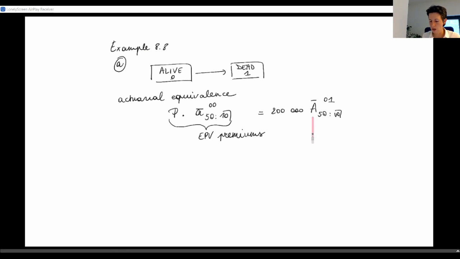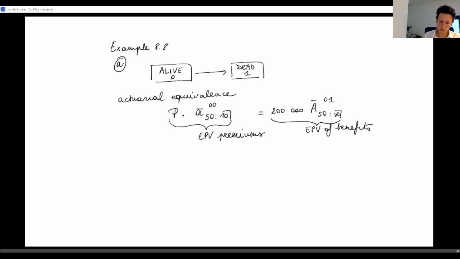So I've got a capital A to denote the EPV of an insurance product. I denote it with a bar because the product pays at the moment of the transition, so it's in continuous time. The transition that matters to me is the transition from 0 to 1. I issue this product to a 50-year-old, and the duration of the term insurance contract is 10 years. So putting that all together, I've got here the EPV of my benefits.